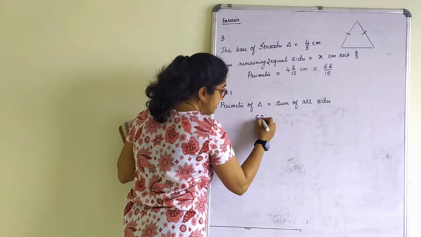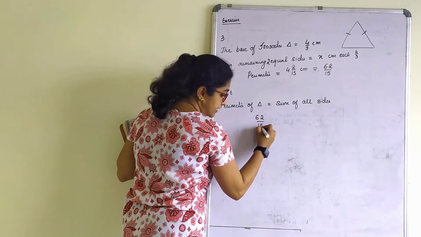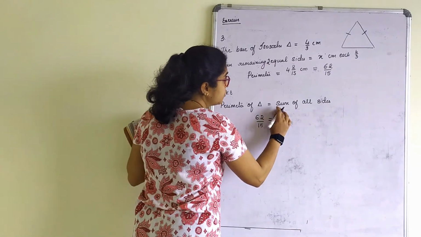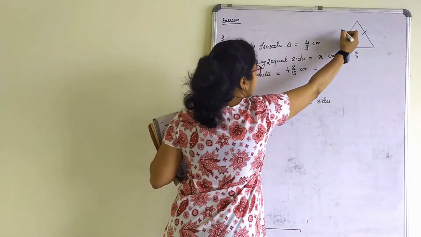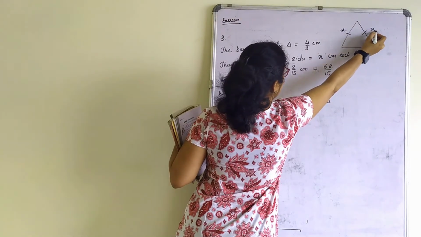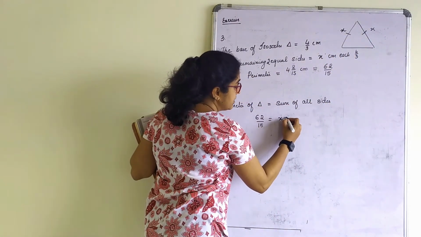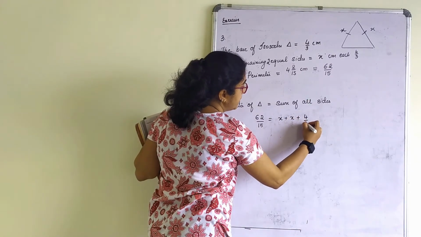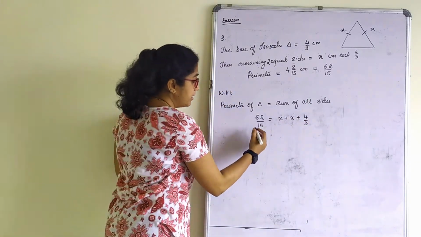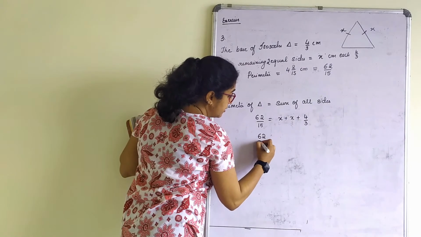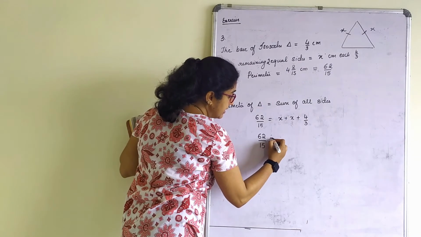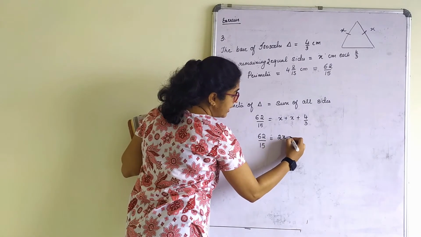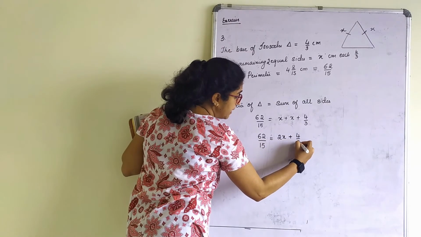I will write 62 by 15 is equal to the sum of all sides. I will just write here x and x, x plus 4 by 3. Right? Next. 62 by 15 is equal to 2x plus 4 by 3.